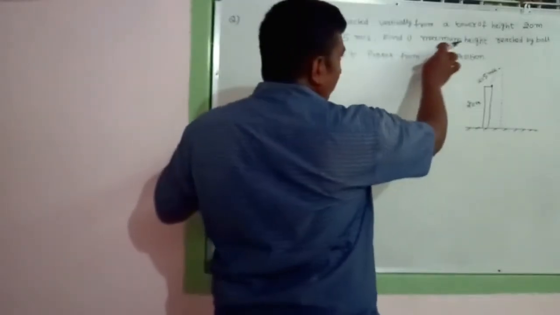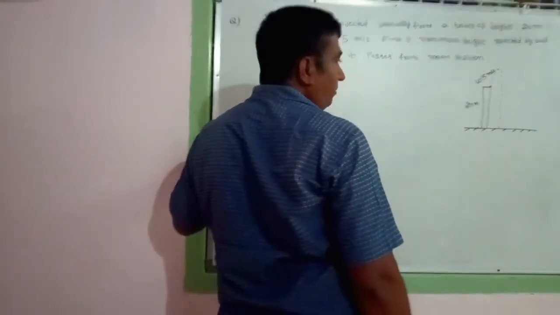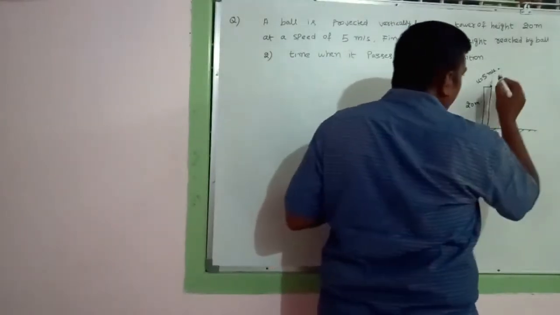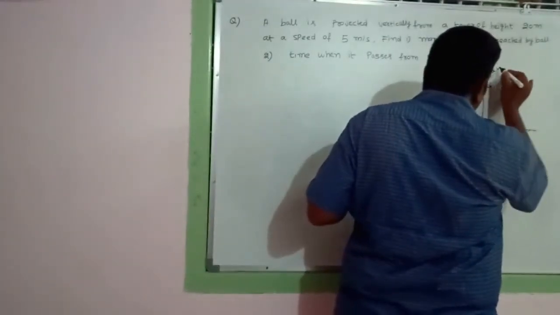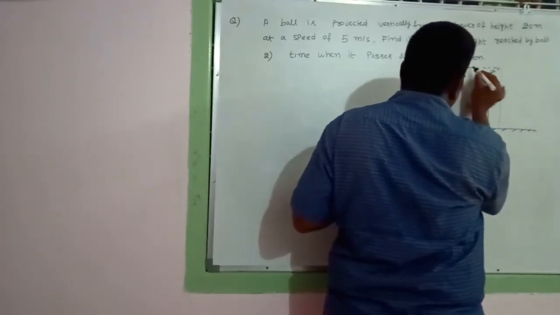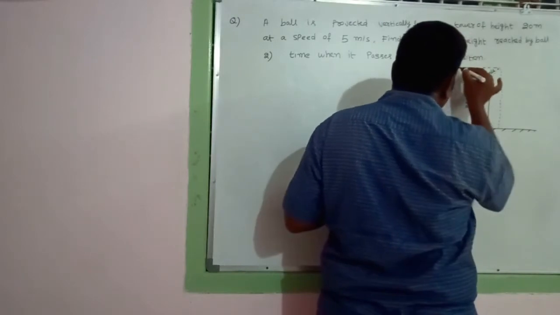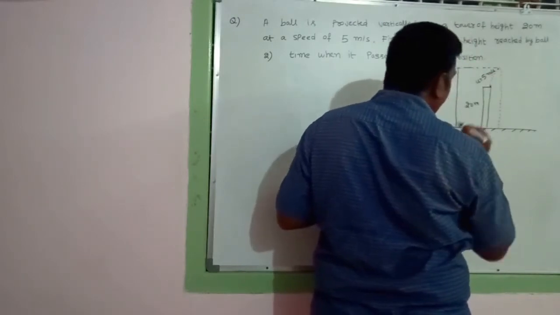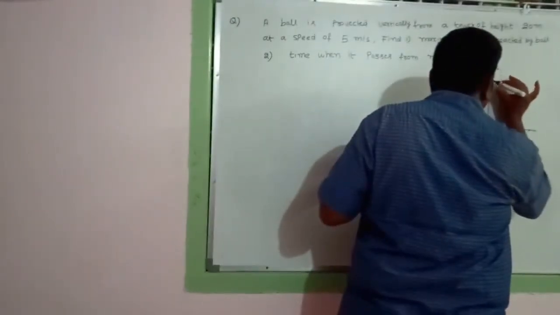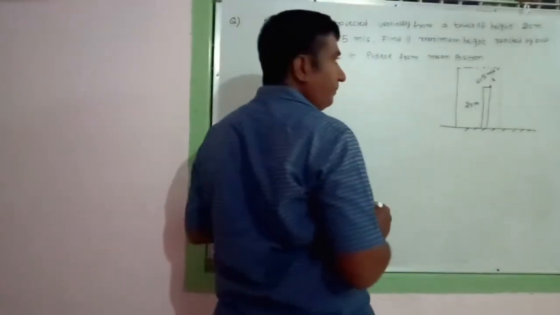So first we should find the maximum height reached by the ball. This one is already 20 meters, so from here to here we can take it as the total height. This unknown part I can take as x.